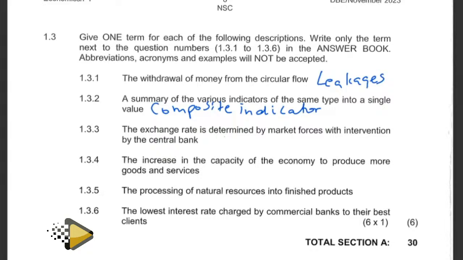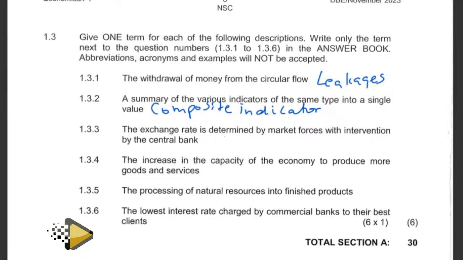Okay, right. So now moving on to 1.3.3, it reads as follows: the exchange rate is determined by market forces with intervention by the central bank.